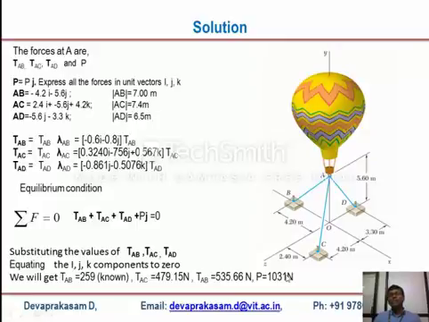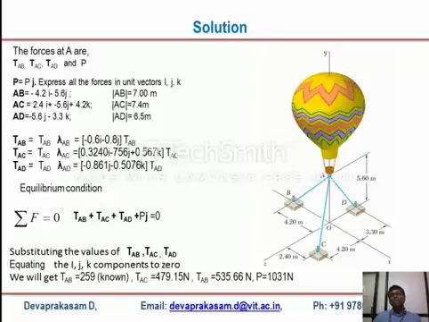So just remember that finding the unit vector and projecting that unit vector along the force, with the magnitude of the force, will give you the force vectors. Finally you have to add all these force vectors and make the sum 0, because it is in static equilibrium, so the sum of the forces equals 0.